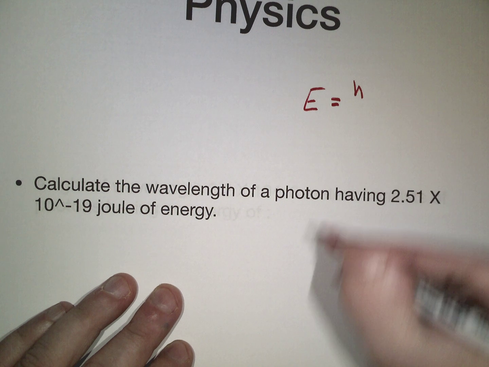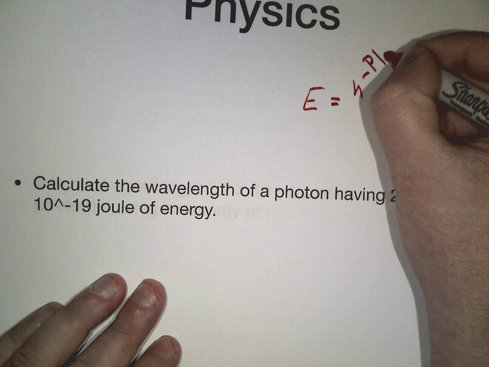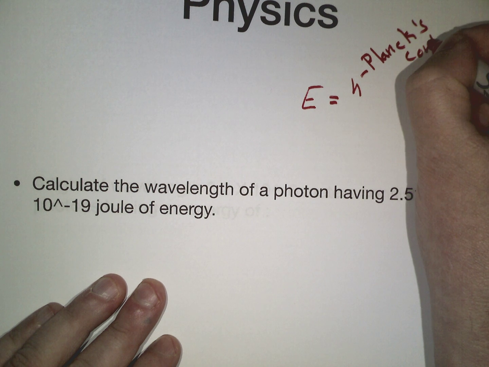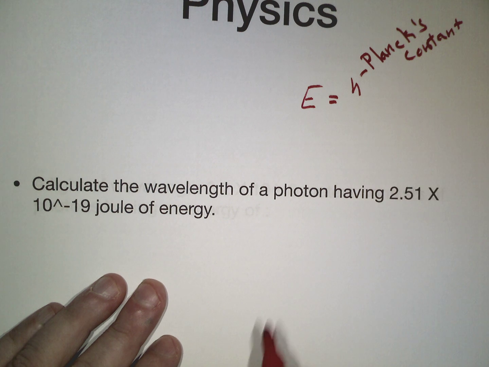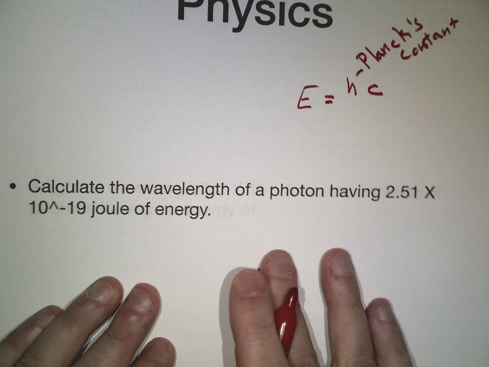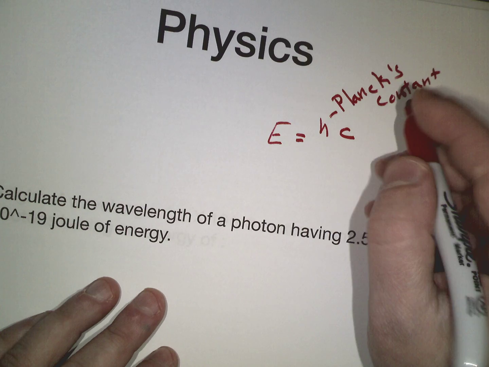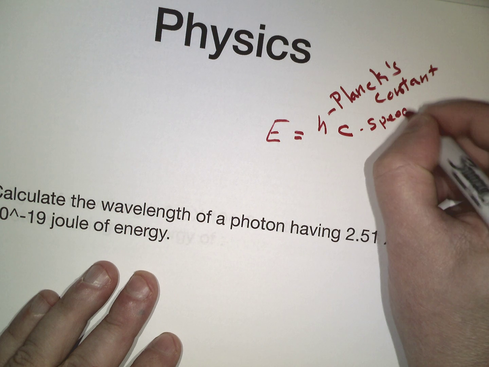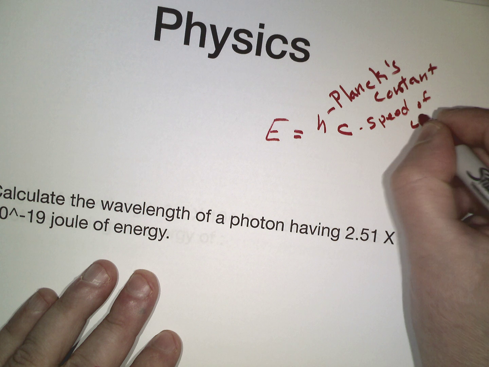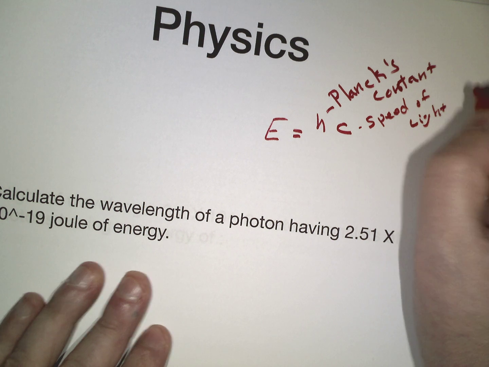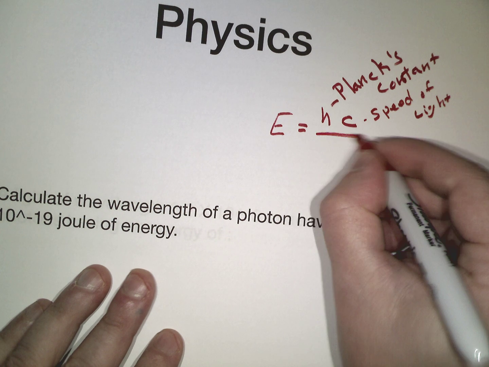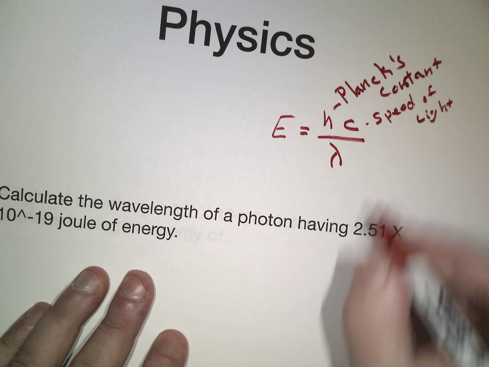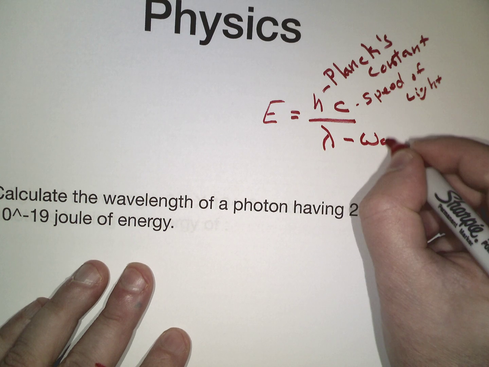Now h again is Planck's constant. c, if you remember from Albert Einstein, is the speed of light in a vacuum, the cosmic speed limit, so to speak, over the lambda. Did I draw it the right way? Yes. Okay, which is my wavelength.